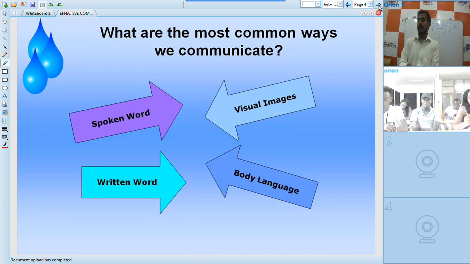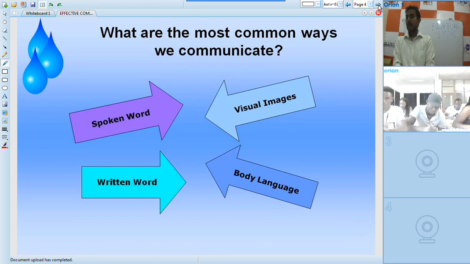Then comes another most important topic of communication: the way to communicate with others. The spoken words, the written words, body language, the visual image. Suppose you have to inform or communicate something in a verbal way, then you need to maintain verbal communication.